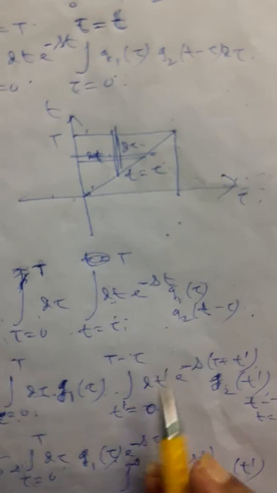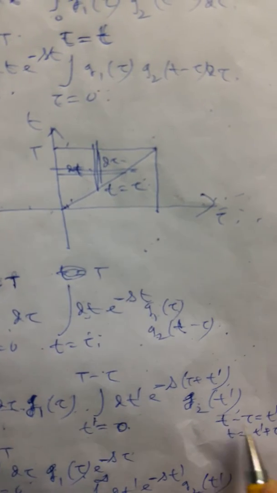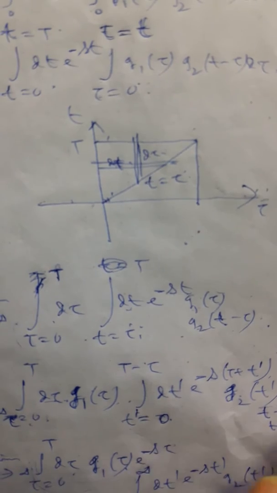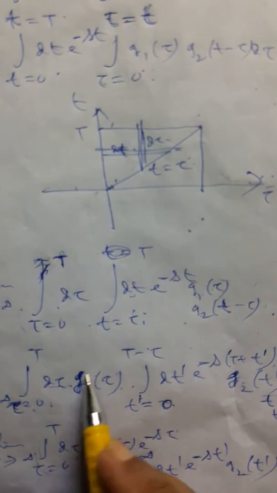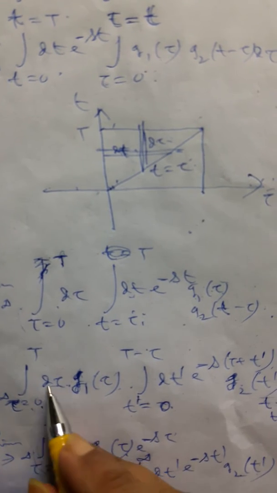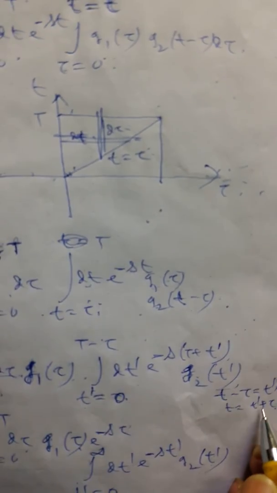Now replace t - tau by t', so t = t' + tau. Keeping the integral over tau from 0 to T d tau g1(tau), what will t' be?